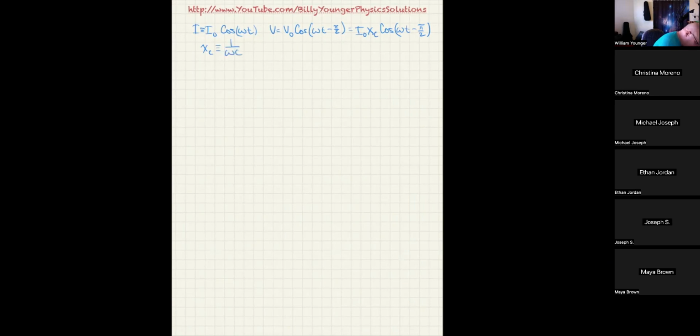So in this case, the limit as omega approaches infinity of 1 over omega C equals 0. So in fact, this thing has 0 resistance as the frequency becomes infinite.